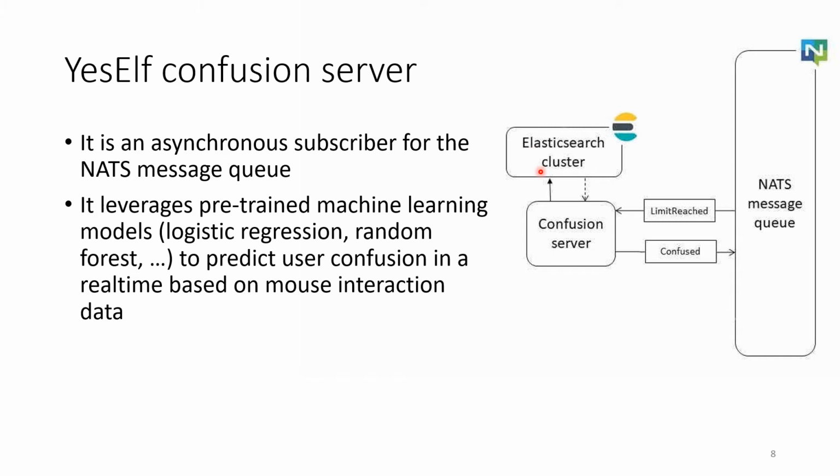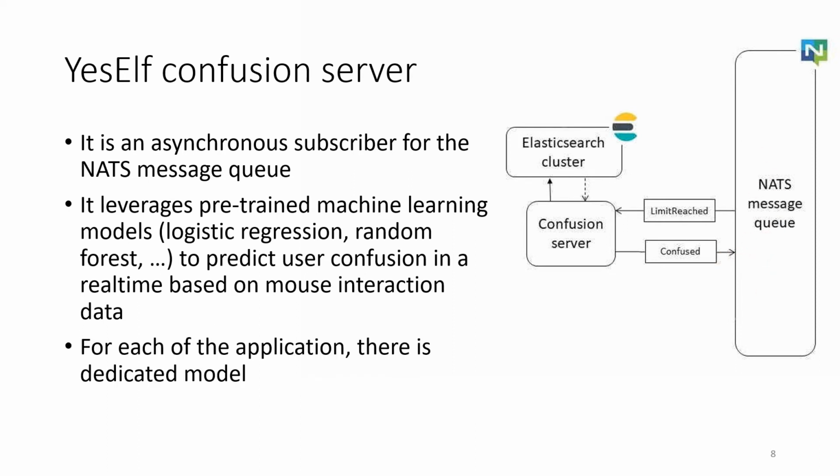Then it preprocesses this data to be suitable as an input to the retrieved classifier, and classifies whether the user is or is not confused. If there is a positive case, so the classifier classifies the user as confused, it fires a confused event, which is again sent to the message queue. And for each application, there is a dedicated model.